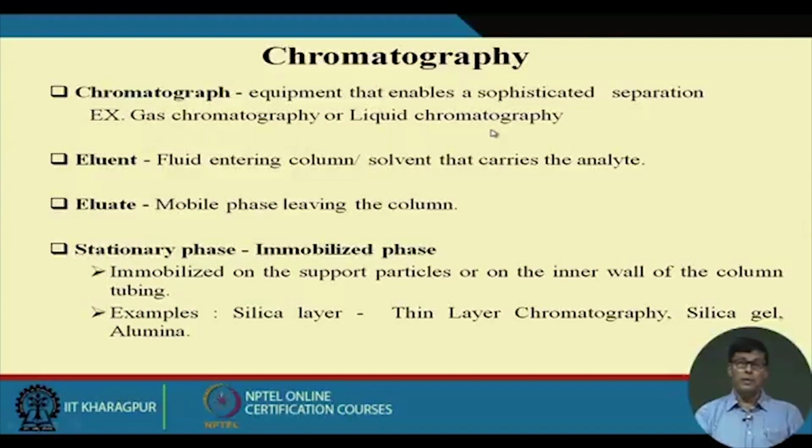The basic difference between gas chromatography and liquid chromatography is that the mobile phase in the case of gas chromatography is the gas. So we use gas as a carrier, because when we inject the sample and it vaporizes, it remains in the gas phase.